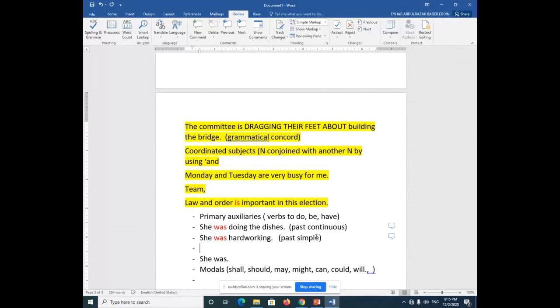If it were an object, then you could start with it to make a passive voice sentence, right? But you cannot start with hardworking to make a passive sentence. So this is called a complement. And what type of complement? It is a subject complement, because hardworking refers back, anaphorically, to she, which is the subject. So we call it a subject complement.